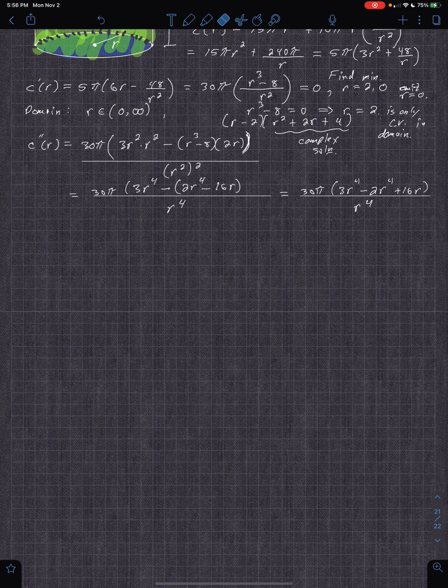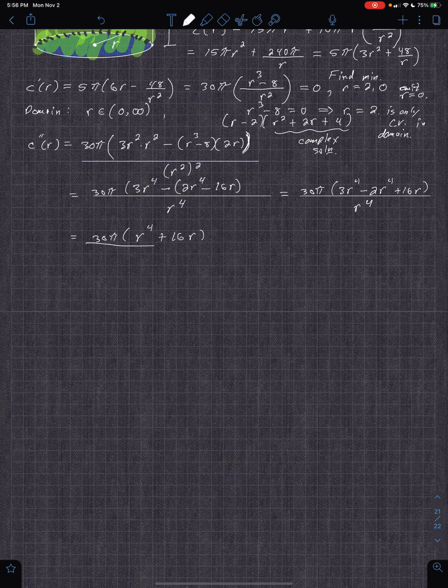Let's simplify that. So coming back here, we get 30 pi, and those are the same powers, so that's just r to the 4th plus 16r.